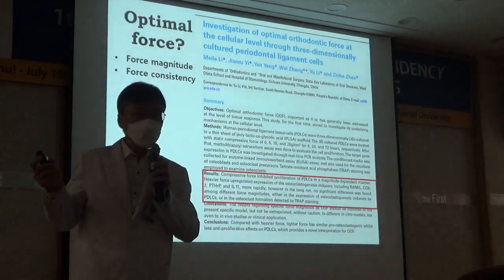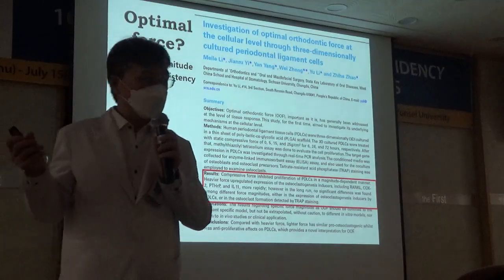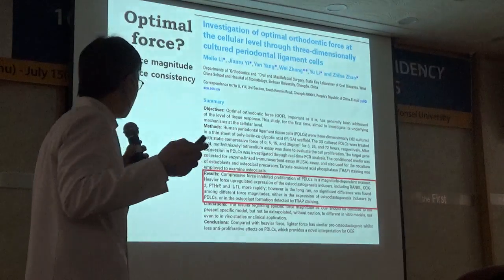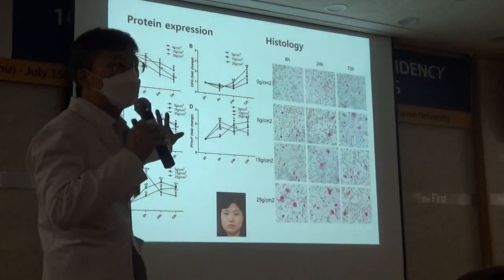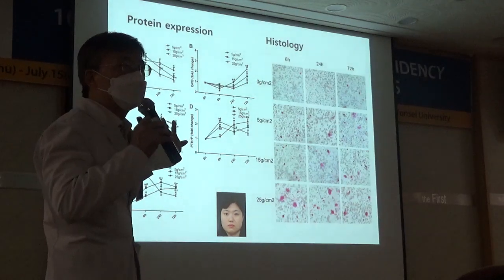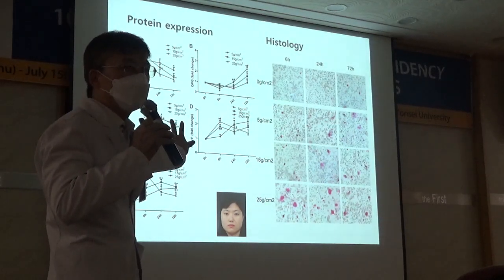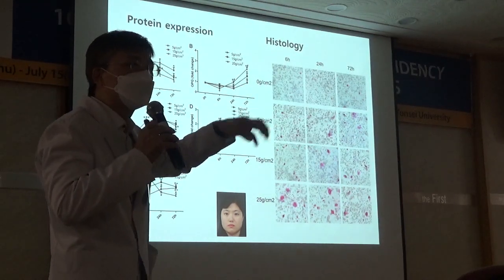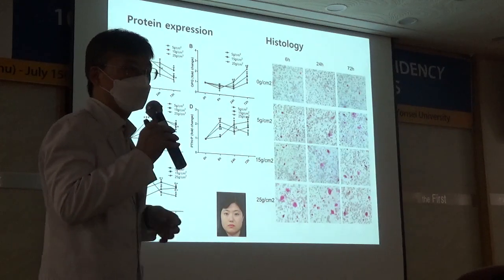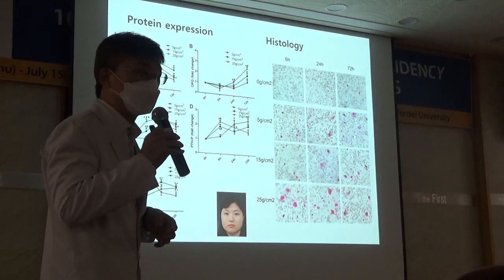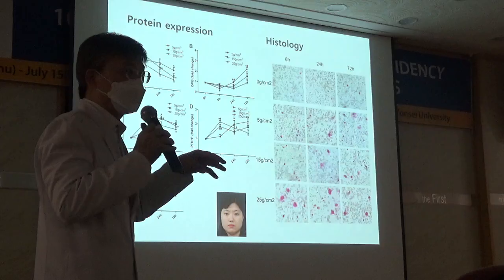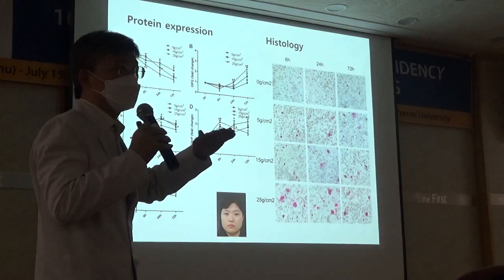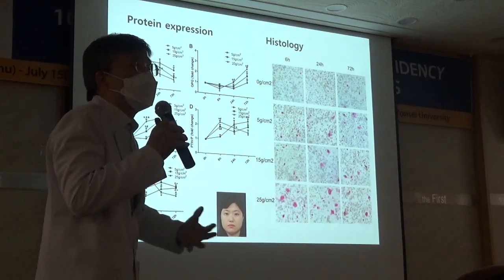Very interesting article published by a Chinese group, and let me brief this out because this is a little complicated, may feel a little sophisticated. They tried the 3-dimensional culture of the periodontal ligament cells. Periodontal ligament cells, under certain pressure, are supposed to excrete some markers.